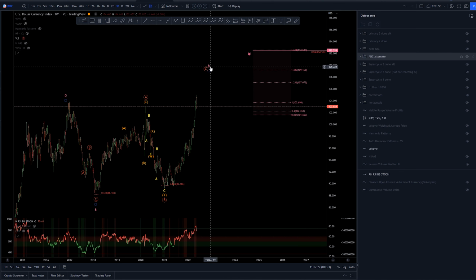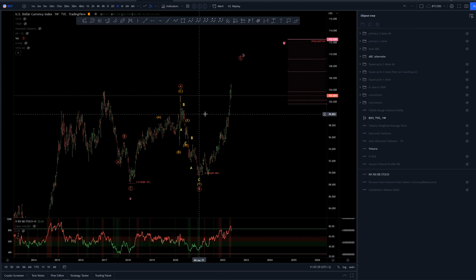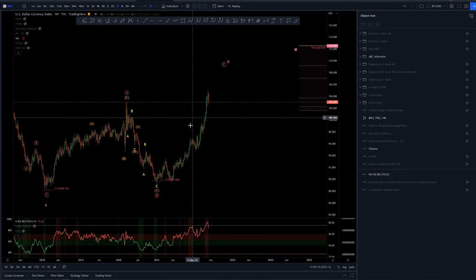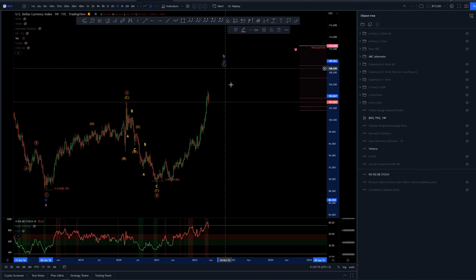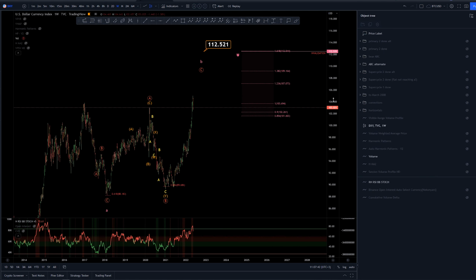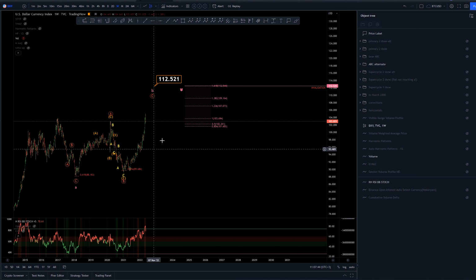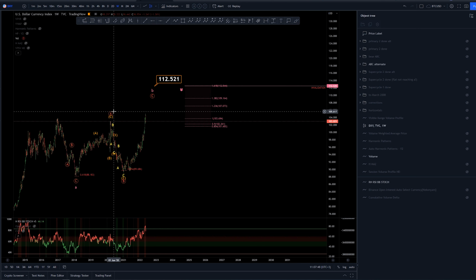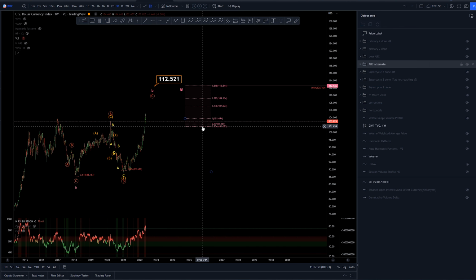So for the B wave we have A, and again the same established WXY here into the B, and now looking for 5 waves into the C, ending the B wave. Invalidation again around $112. If it goes above that, then this count is not applicable, as wave B is so much larger than the wave A here.